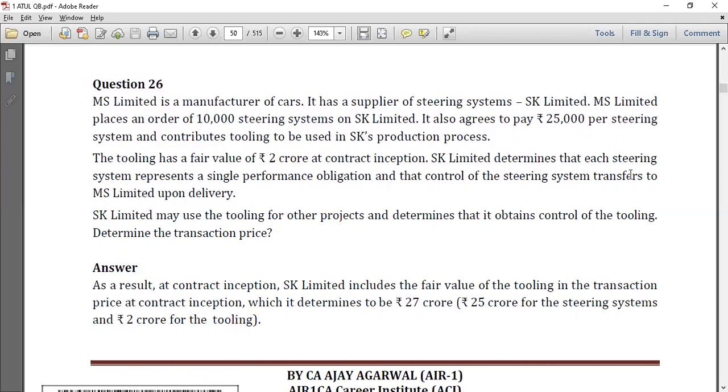It is also contributing the tooling to be used, and that tooling has a fair value of 2 crores at the inception of the contract, the beginning of the contract. Now, SK Limited determines that each steering system represents a single performance obligation. One steering system equals one performance obligation.